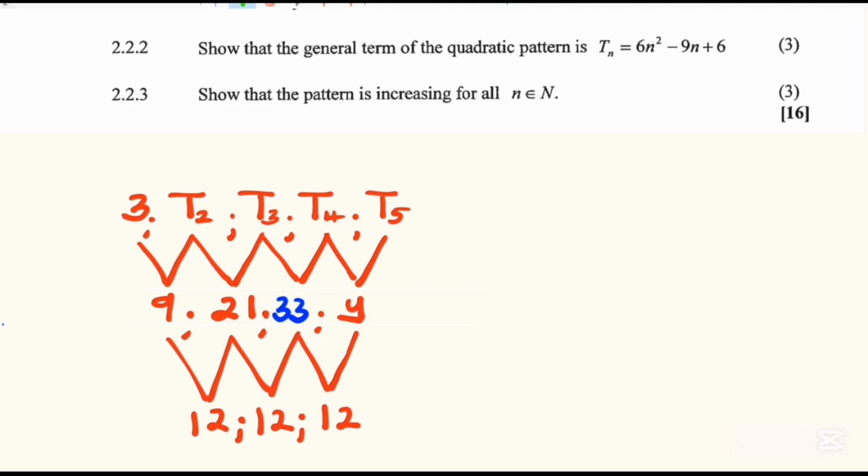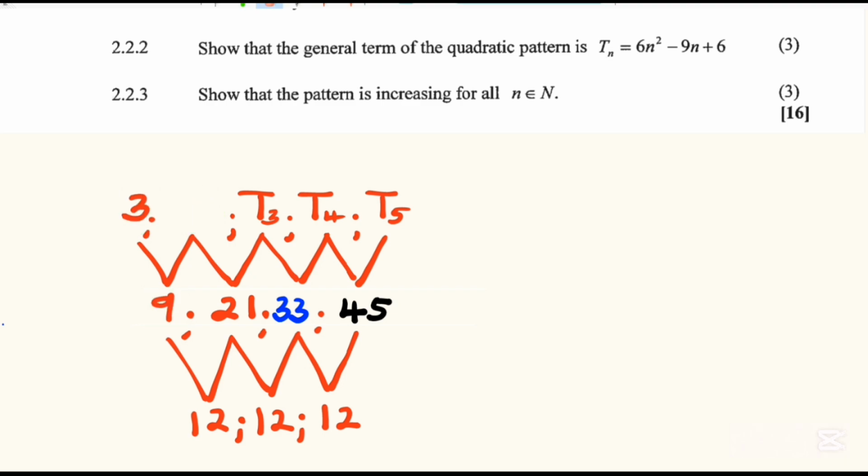So in the place of the Y, let's substitute 45. From here, the 3 plus the 9 will give us term number 2. So 3 plus 9 is equal to 12.